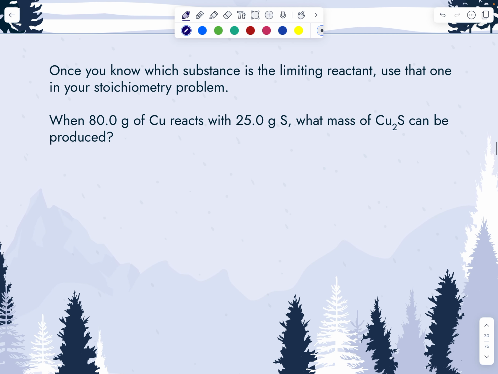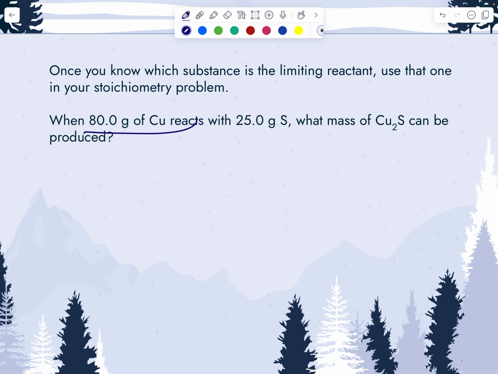And then once you know which substance is the limiting reactant, use that one in the answer to your stoichiometry problem. So if we were to answer the rest of this question, how much of the product, how much copper 1 sulfide could be produced? And so now you don't have to do 2 full stoichiometry problems.